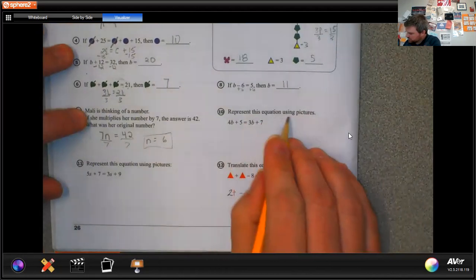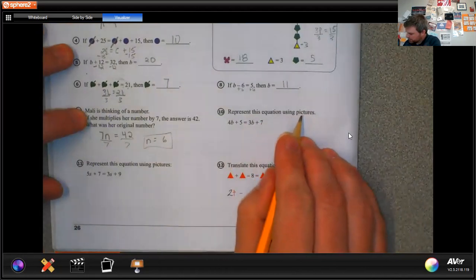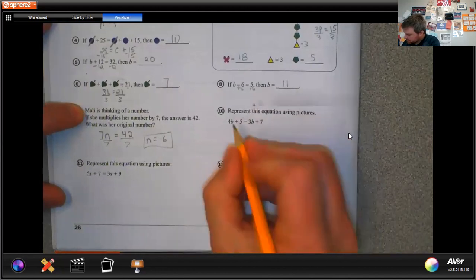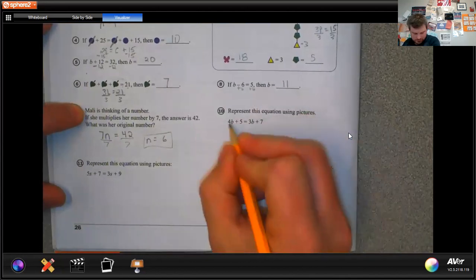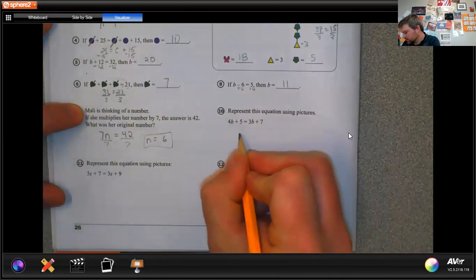Represent this equation using pictures. Okay, so I got 4, maybe 4 buckets. You could use whatever shape you want.